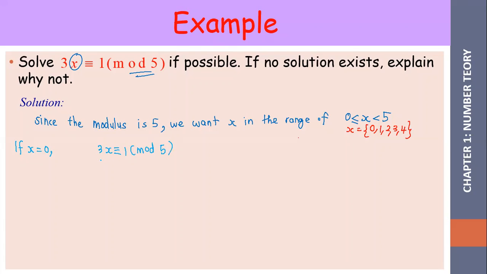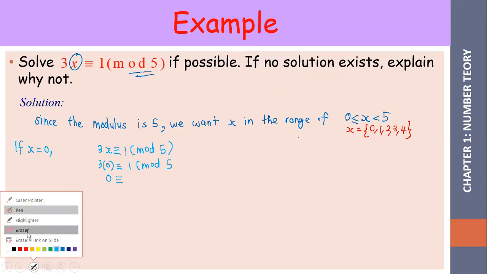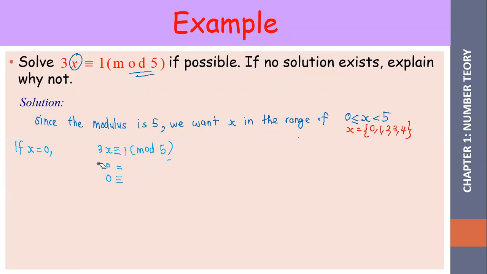So 3 times 0 congruent to what mod 5? 3 times 0 is 0.